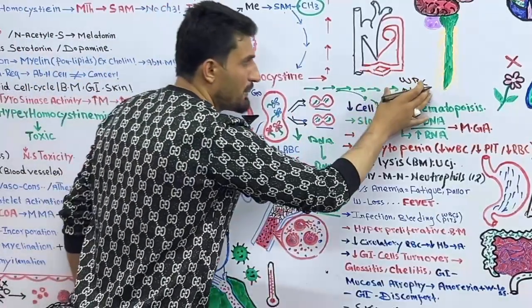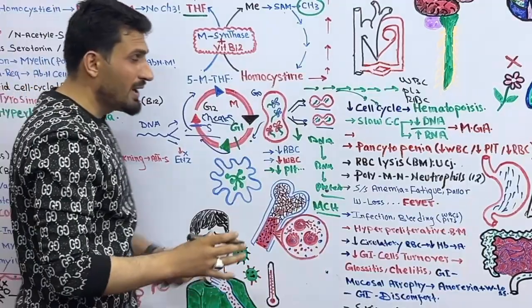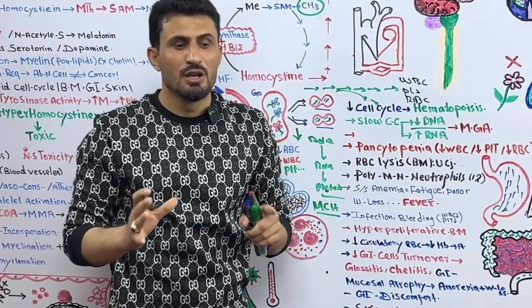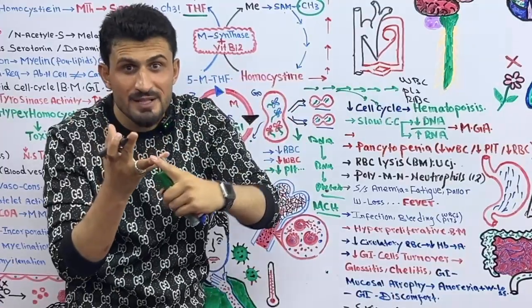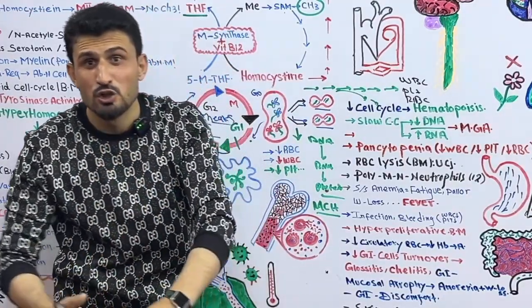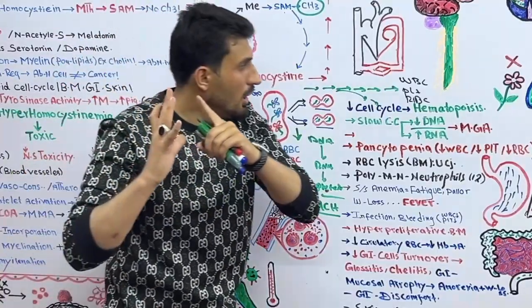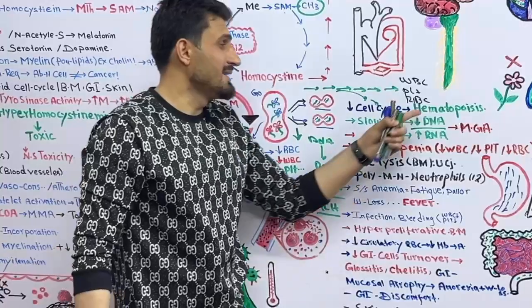So for making DNA for all of them, I need thymidine. So when I don't have enough thymidine, I cannot produce enough RBC, WBC, or platelets.